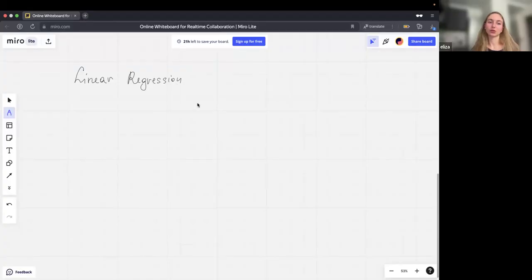I suggest to consider this algorithm for a simple case. In real life, we work with more complex situations, but for our lesson and for simpler understanding, it will be enough. The most popular task for linear regression is predicting the price of real estate.